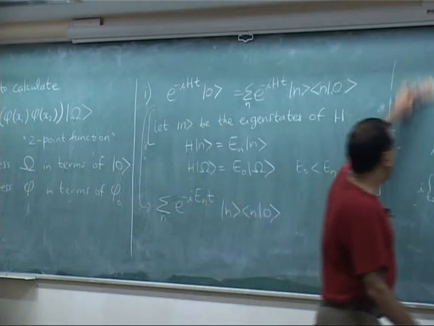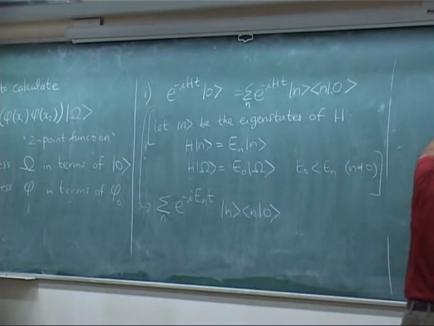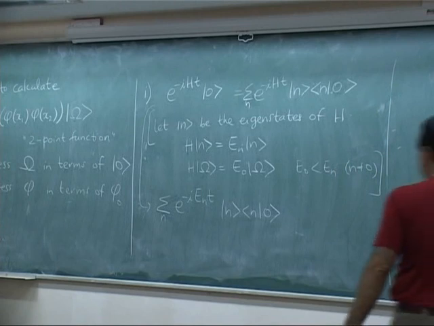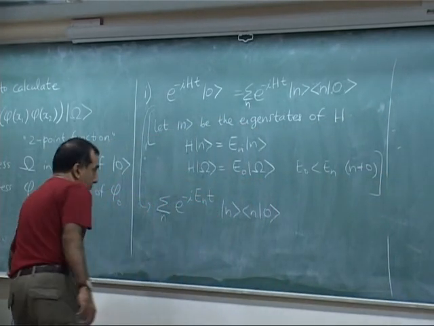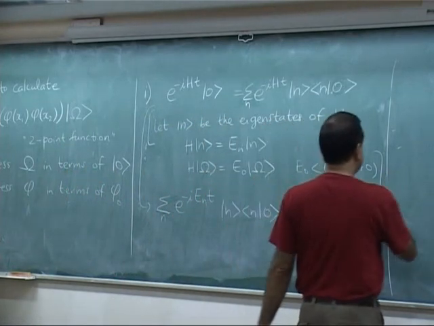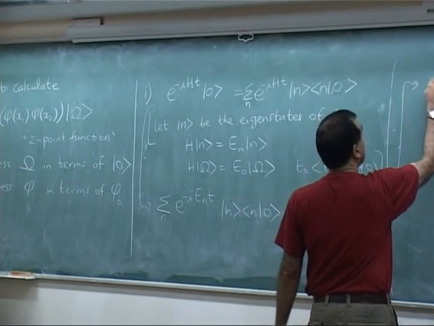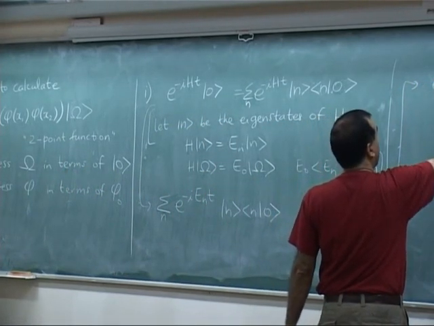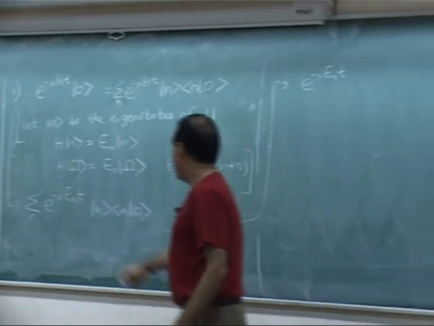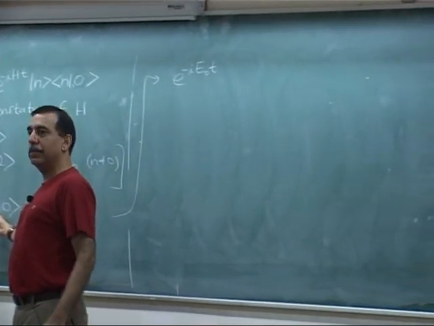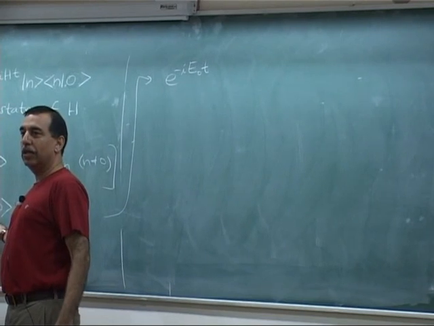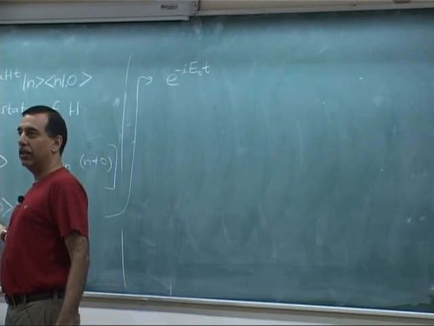Now let me break up that sum into its first term and all the other terms, and we'll see that the first term is the most important. So the first term is e to the minus i E0 t, and what should I put here when n is its lowest value? 0 is not the correct answer.